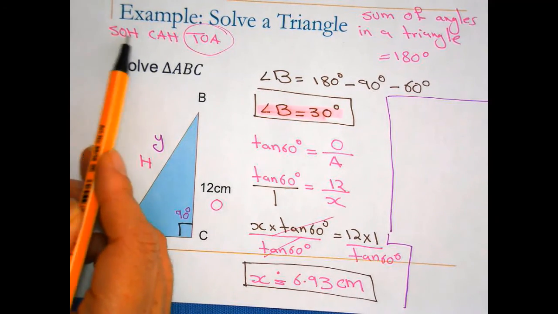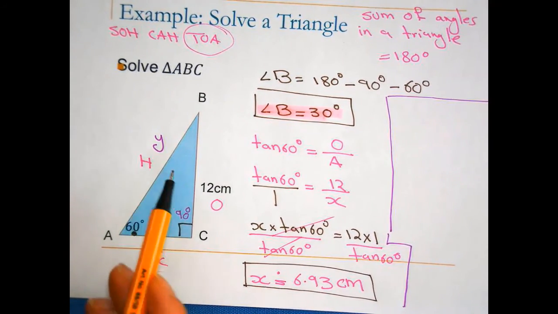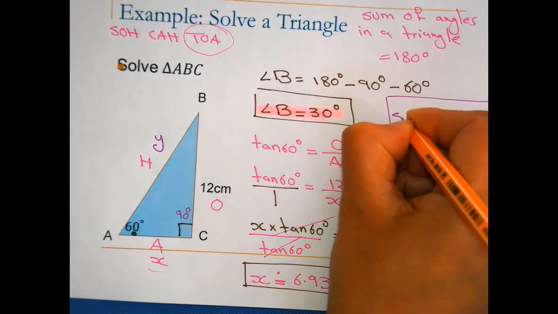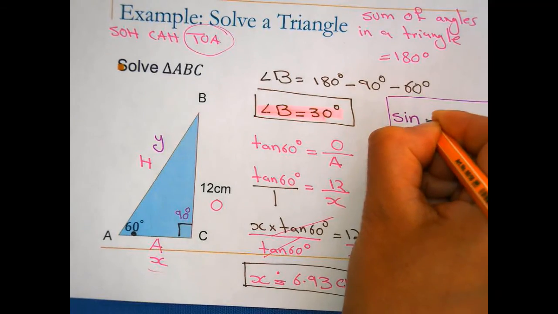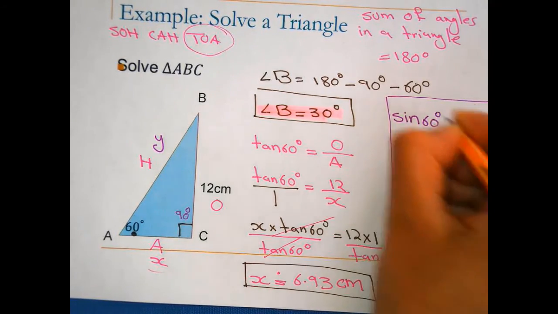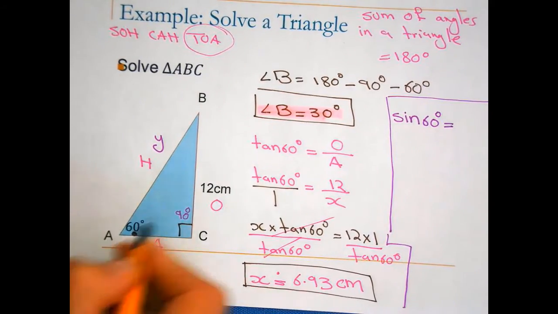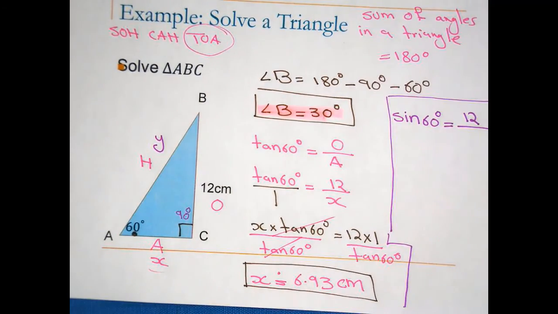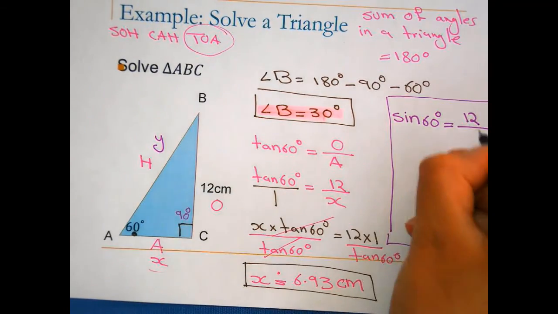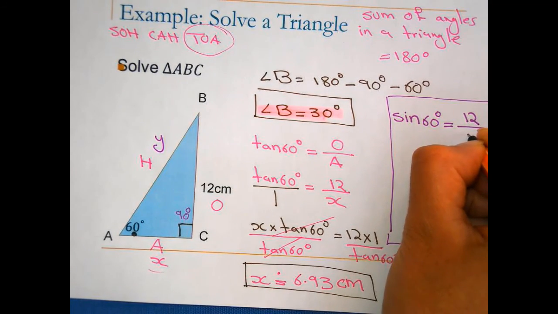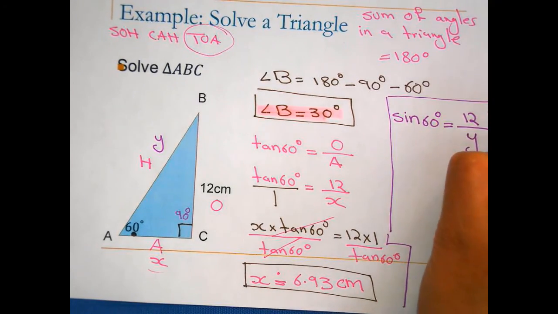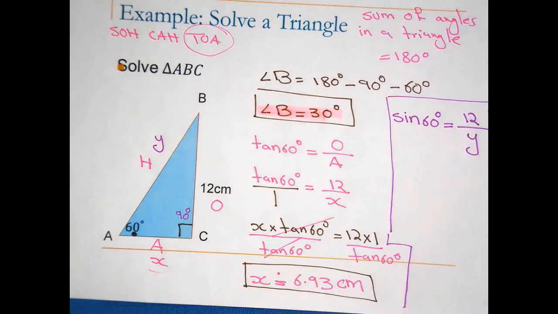Opposite and hypotenuse means this time we have to use sine. So we are going to set up the ratio. Sine 60 degrees equals opposite, which is 12, over hypotenuse, which is y. So this is opposite over hypotenuse. I didn't write the formula.